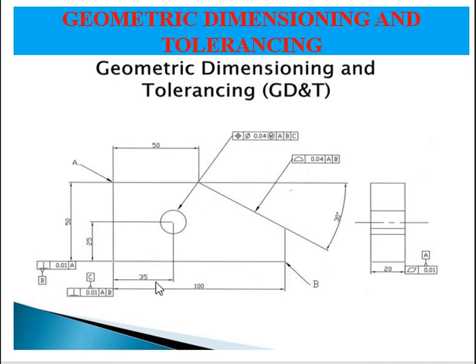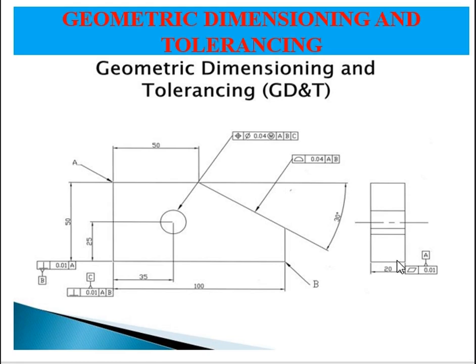So your center can be at 35.004, 25, or it can be at 35, 25.004. This is what this rectangular feature frame is talking about. Similarly, see here, this dimension is 20, and this face is supposed to be flat.